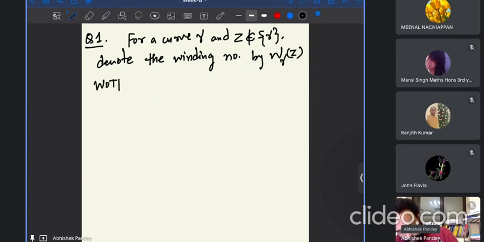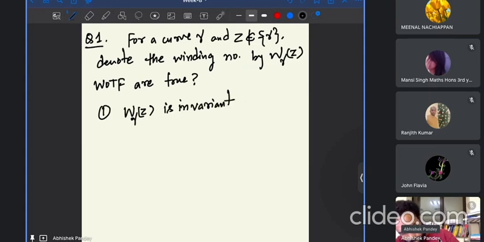Which of the following are true? The options are: first, W gamma of z is invariant under reparameterizations of gamma.